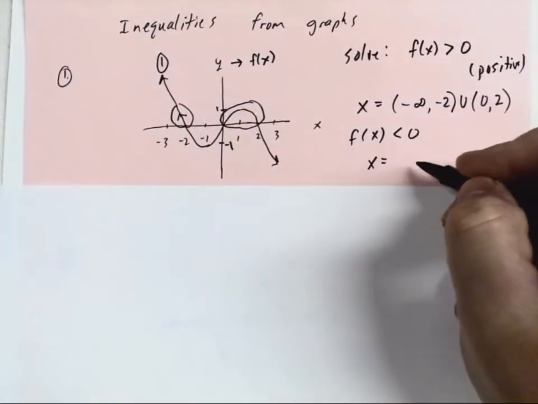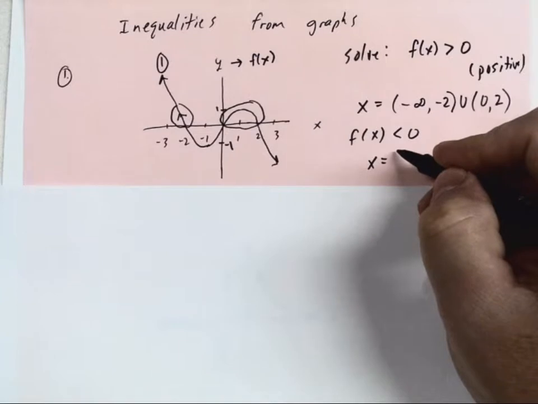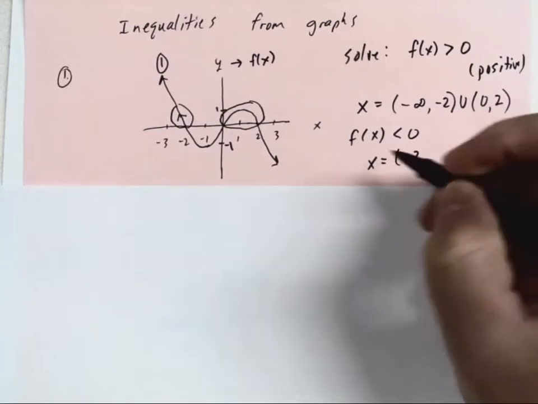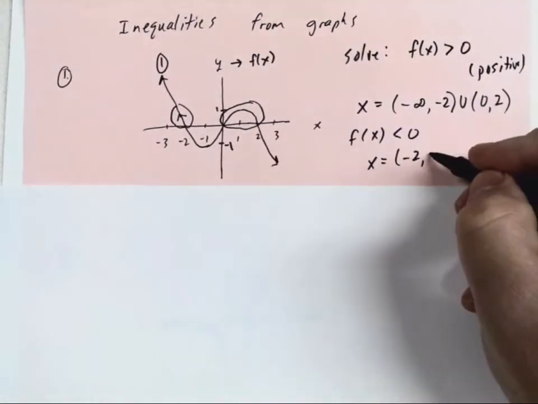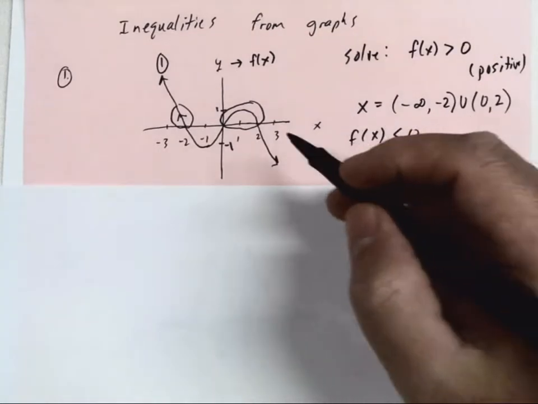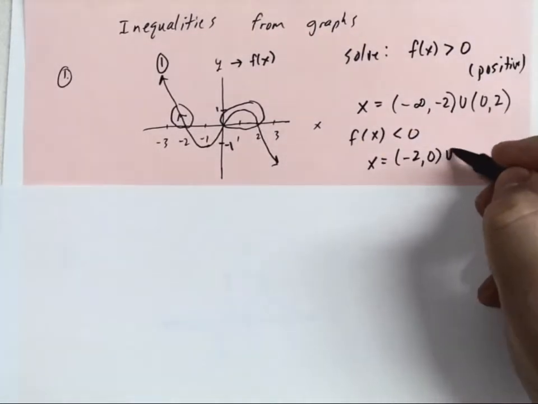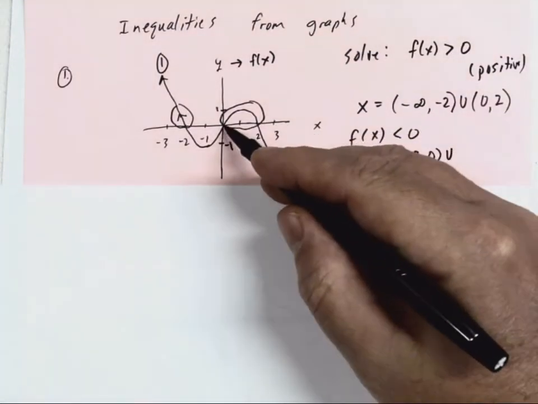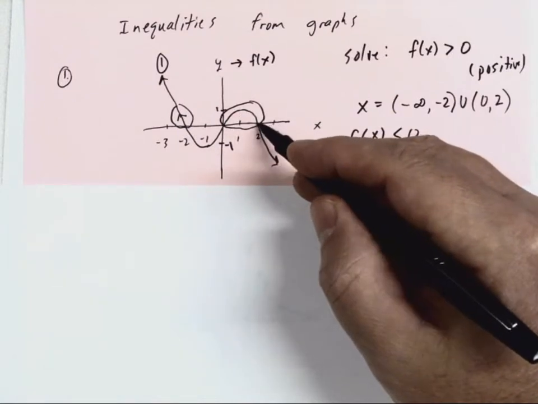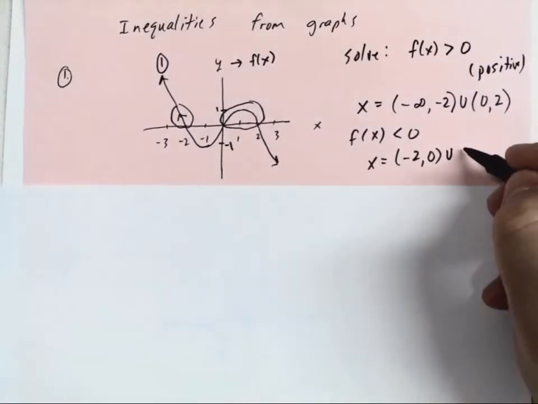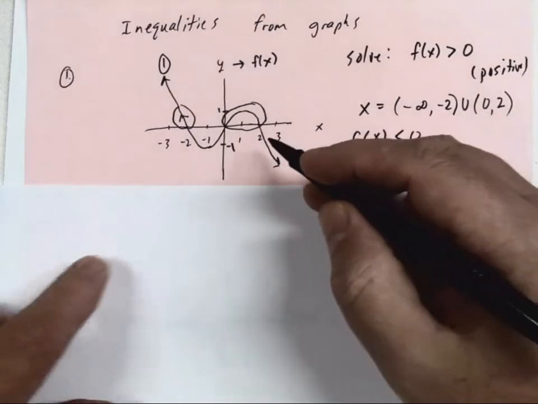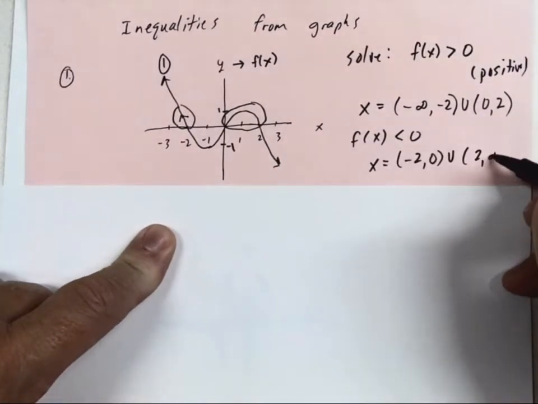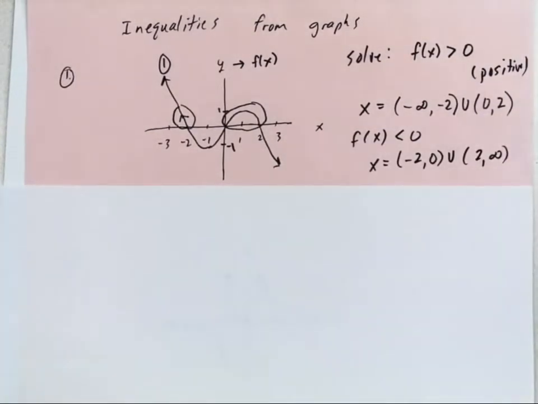It looks like it starts at -2 and goes to 0, and then it gets unioned. So it's positive, and then back here at 2 is when the function goes negative again. And then it goes on to infinity.